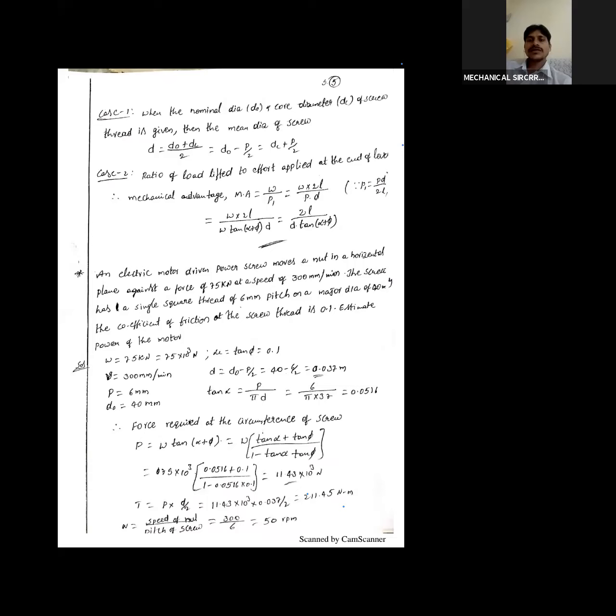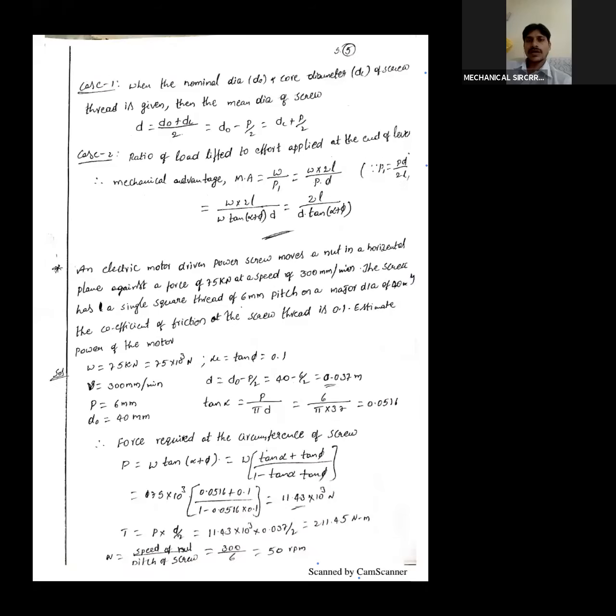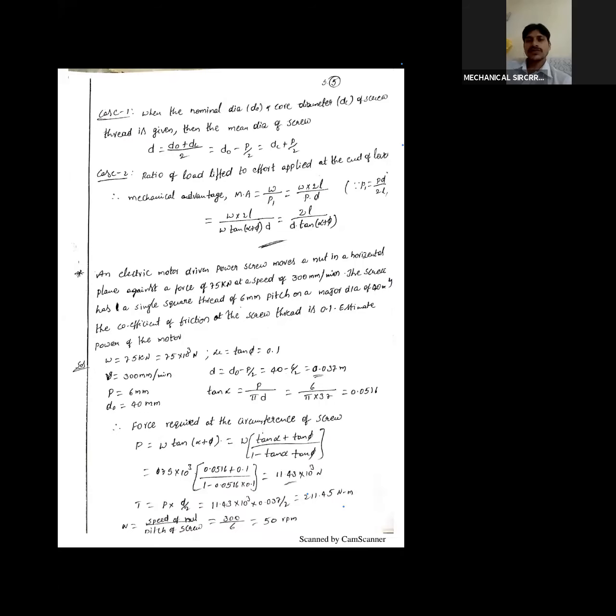Did you observe the screen, number 347? Hello. Yes, sir. So we already wrote that the value at the end of the lever is different from the effort to lift the load. At the end of the lever, W by P1, where P1 equals P d by 2l.